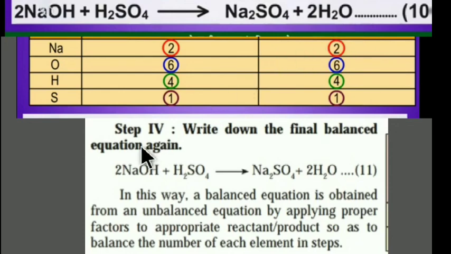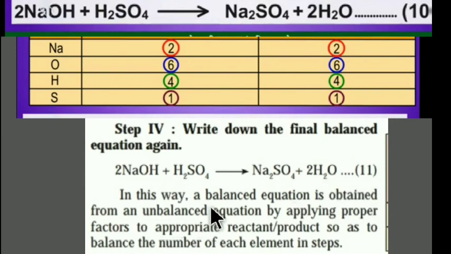Let's see step number 4. Write down the final balanced equation again. That is, twice NaOH plus H2SO4 gives Na2SO4 plus twice H2O. That is equation number 11.